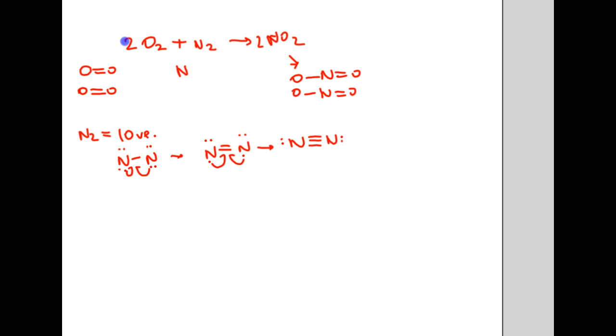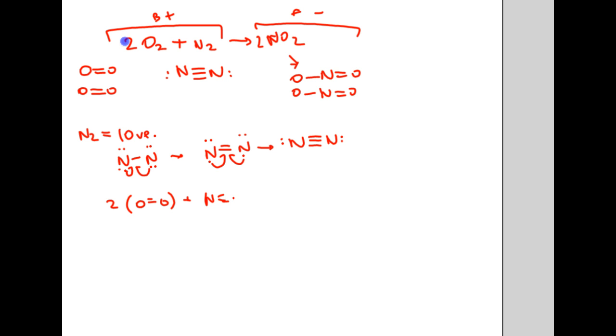So what we have is N triple bonded to N. All of these on the left-hand side are broken and they're positive, and all of these on the right-hand side are formed and they're negative. And all you're doing is filling in the data for the bond energies. So we have 2 O2s and adding 1 nitrogen triple bonded, and you're basically adding a negative or subtracting, either way.